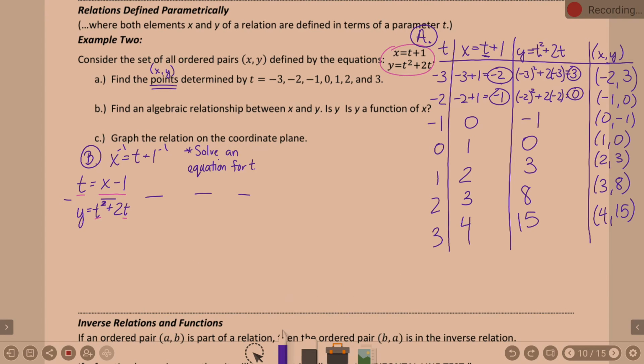So we're going to have y equals, t squared I'm going to write as x minus 1 quantity squared, plus 2t, so 2 times x minus 1. And if you want a note of what we did, we plugged t into the other equation.